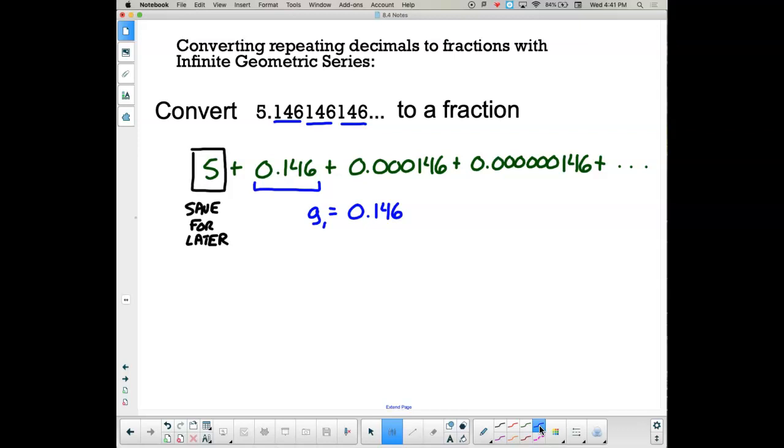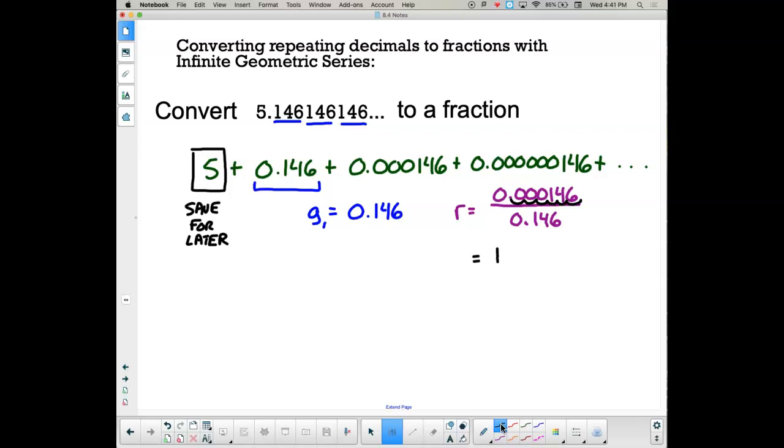My r value is going to be 0.000146 all over 0.146. And again, if I think back to my math, I got to move decimal places. So I'm going to move this decimal place 1, 2, 3, 4, 5, 6.